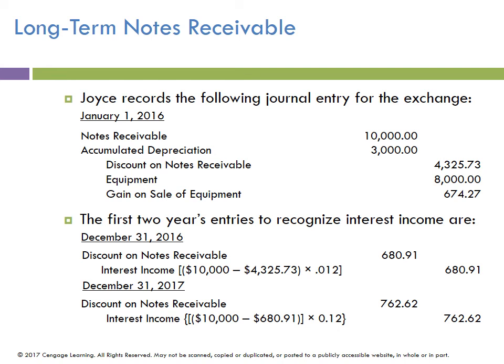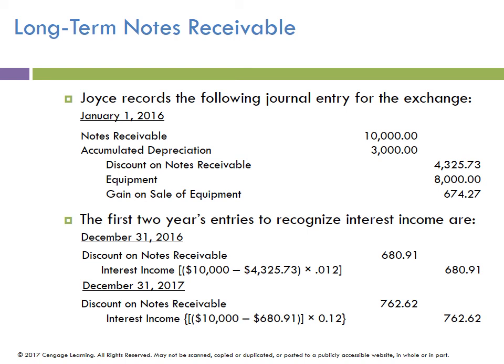So the current balance after you debit discount on notes receivable would be the original balance of discount on notes receivable of $4325.73 minus the $680.91 you just amortized or recognized. So the current balance on discount on notes receivable is a credit of $3644.82.